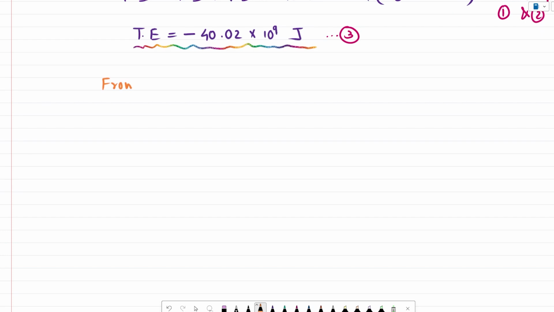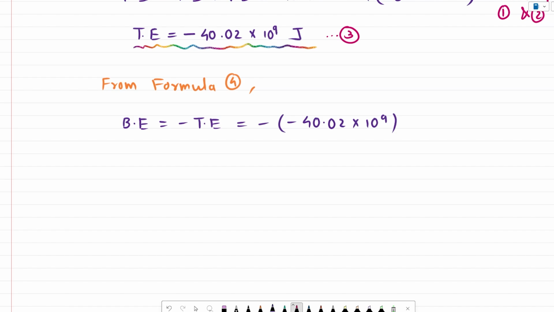So from formula number 4, we can calculate the binding energy for the satellite. Binding energy, represented by the symbol BE, is equal to minus of the total energy, and the total energy we have just calculated, that is minus of minus 40.02 into 10 raised to 9. The value of total energy comes from equation number 3.